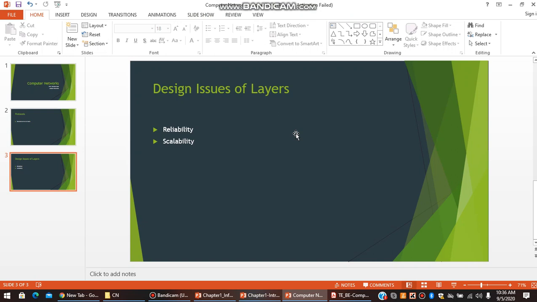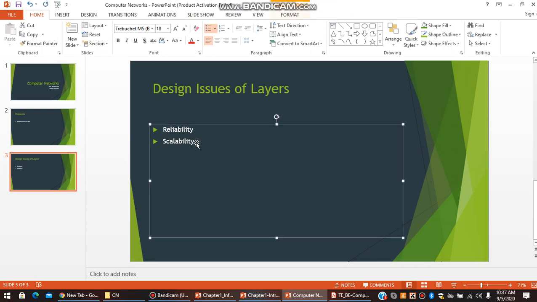Programmers and computer networkers give themselves an option to keep something spare which can be used later on. Compatibility is also very important with the previous version and the next version. So scalability of a layer is an important design issue.